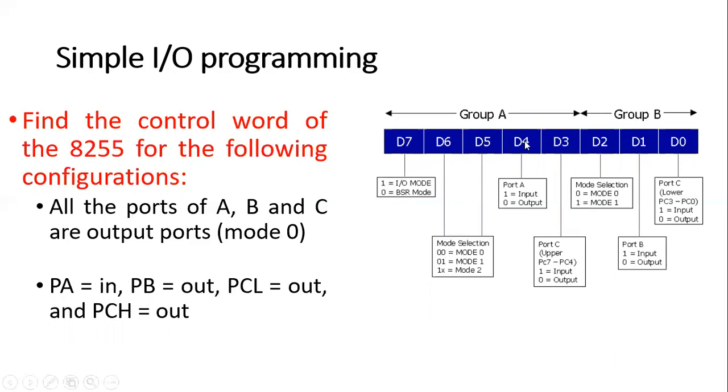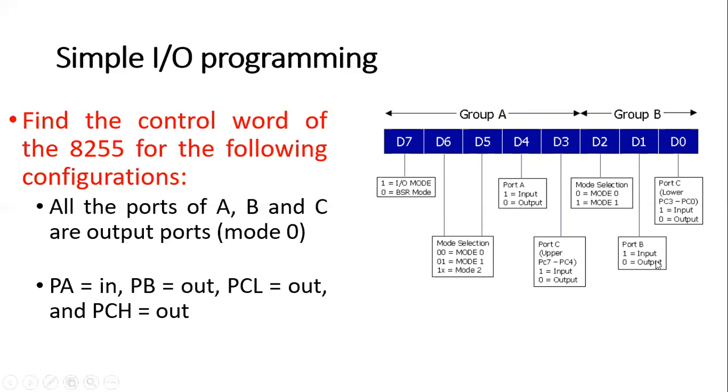Then port A. How are you going to configure it as output port? Then it should be 0 here. Then port C, it is also output mode only, so this also is going to be 0. The mode selection is mode 0 even for the next group.